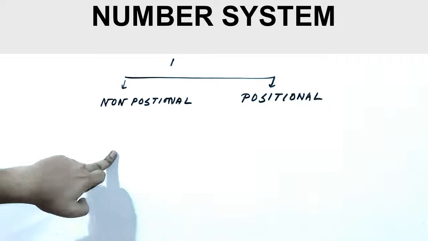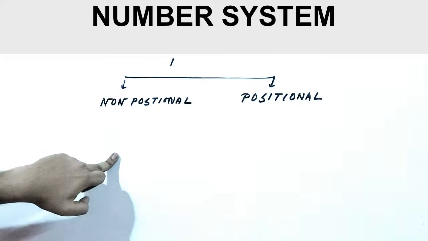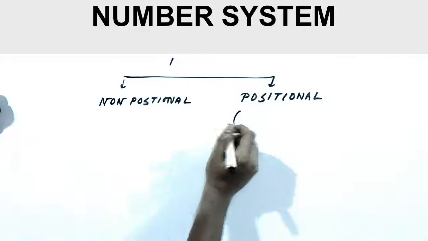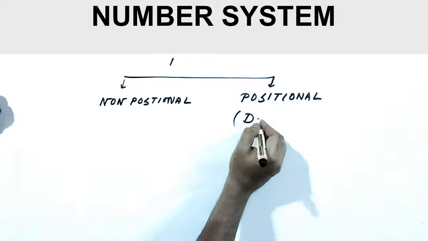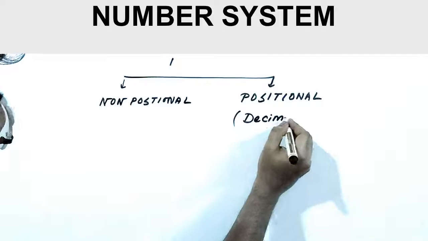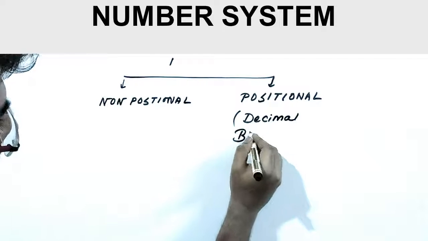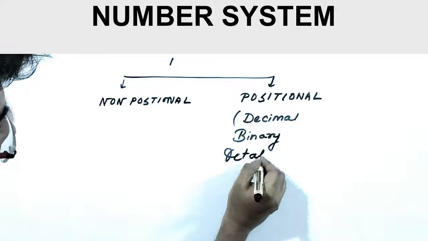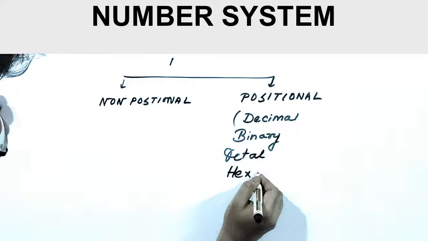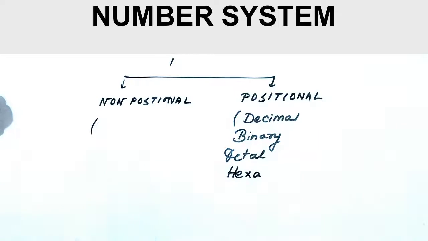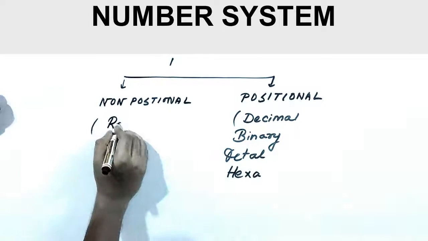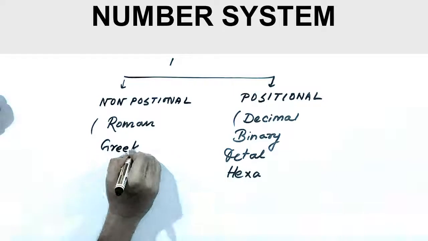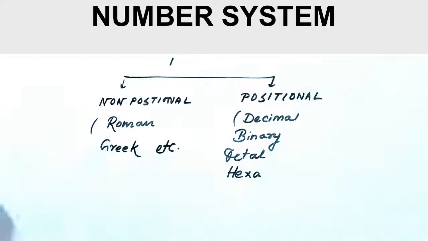The examples of non-positional number system are Roman number system, Greek number system, etc., and examples of positional number system are decimal, binary, octal, hexadecimal.